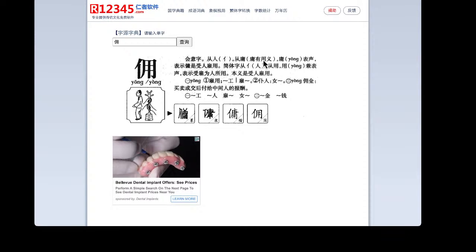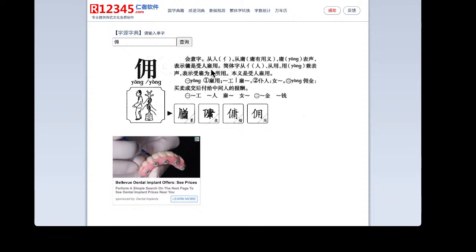The radical is different. Okay, so it has a person radical on the left. That's very sensible. On the right is the word yong. Of course this represents the sound, but also means employed by someone.